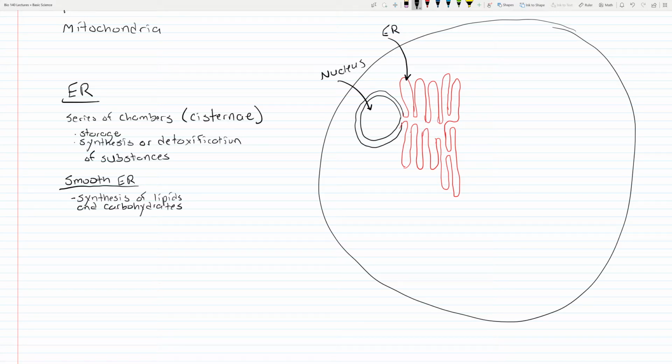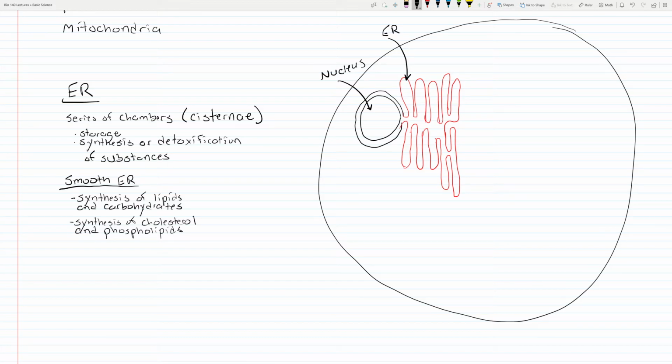It is for the synthesis of cholesterol and phospholipids. I think that's just redundant, I'm sorry I did that, but it doesn't matter.